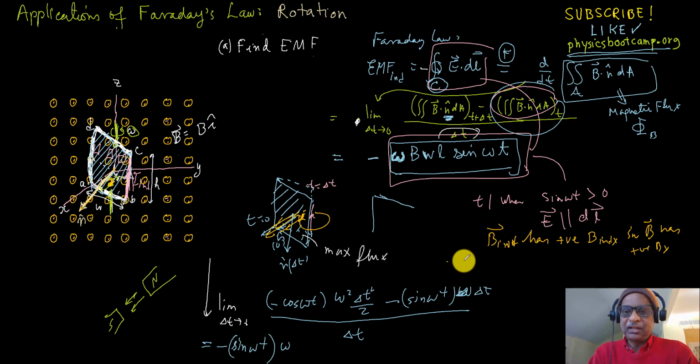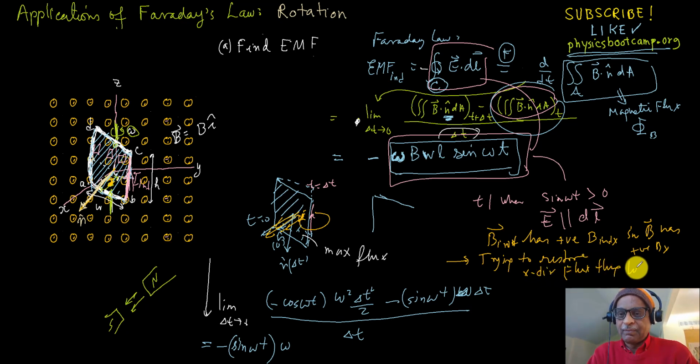So that just says it's trying to restore the X direction flux through the loop. It's trying to restore the original flux, which is decreasing.